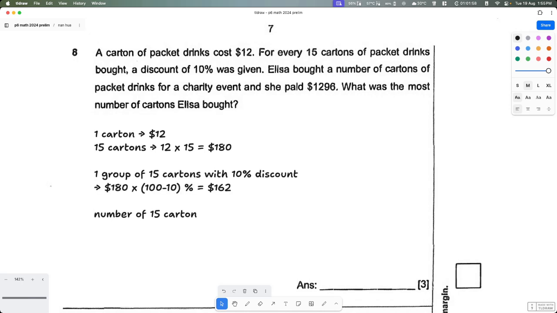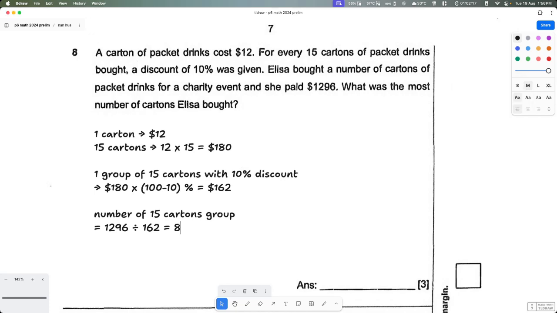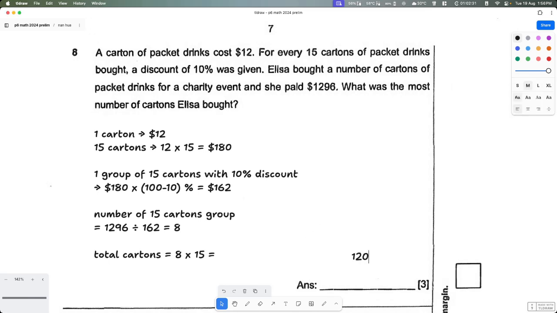So that means the number of groups is equal to 1296 divided by 162, which gives us 8. So total cartons is equal to 8 times 15, which gives us 120. Sorry, I thought it was 90. So the total number of cartons Elisa bought is 120 for question number 8.